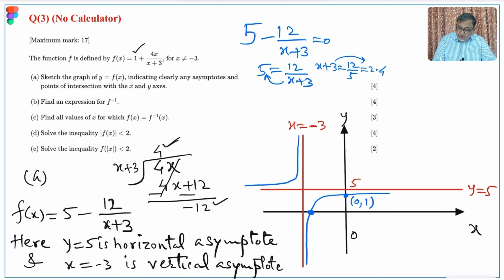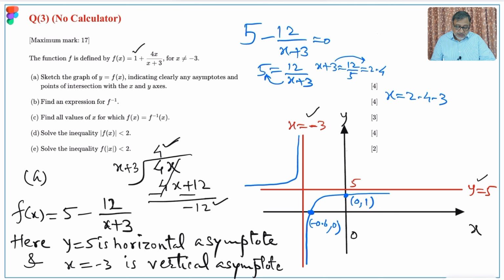So x will be 2.4 minus 3, which gives me negative 0.6, comma 0. So these are the points on the x and the y axis, and the asymptotes are x is equal to minus 3 and y is equal to 5. So first part is over.